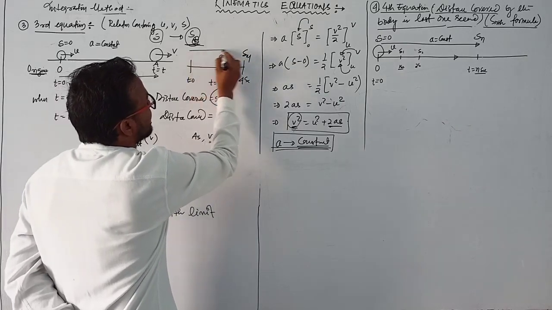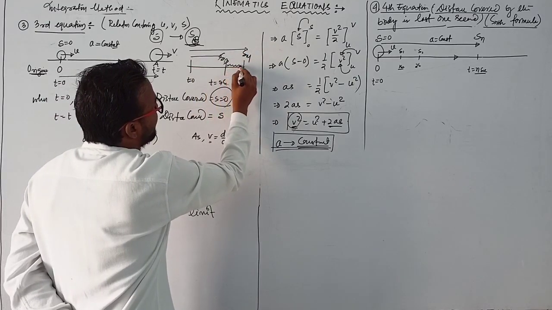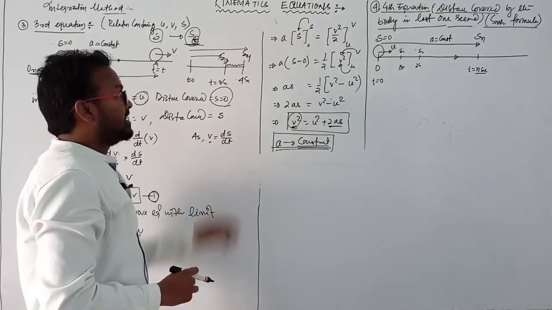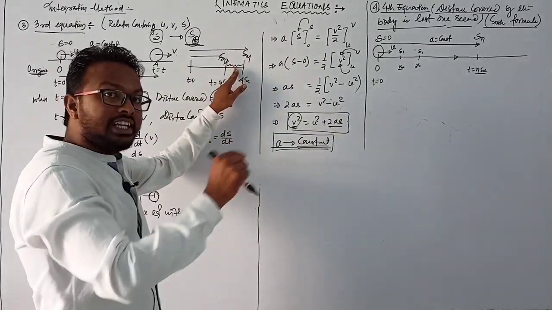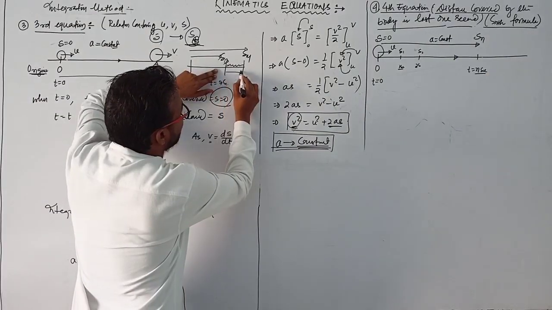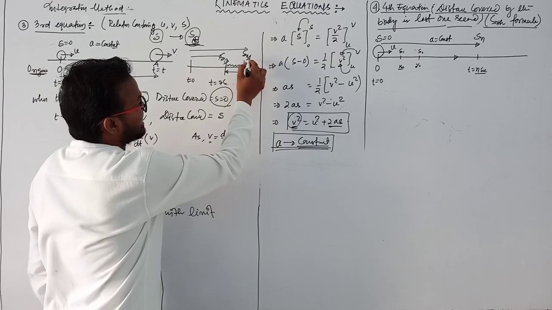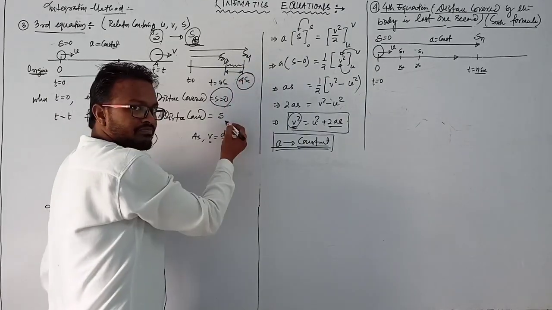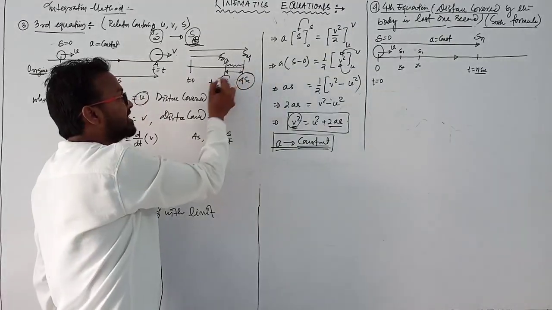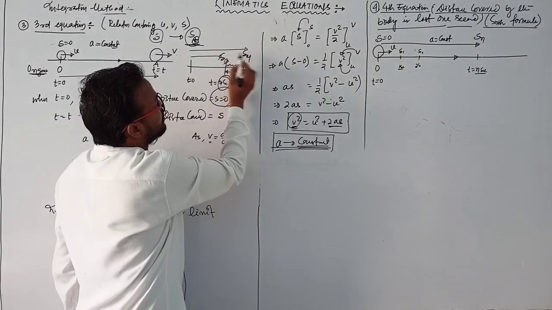This is the total distance s4 and this distance is s3, and this distance is the final distance, or the distance traveled by the body in the last 1 second. This distance is known as the last 1 second. Clear? So the final time is 4 seconds, and before the final time, that is 3 seconds. So the distance covered within 1 second is equal to how much?